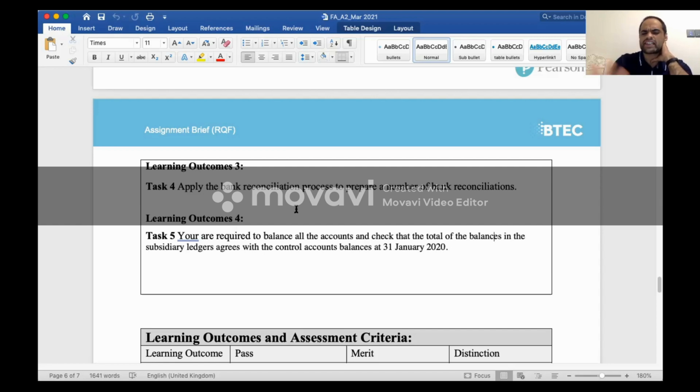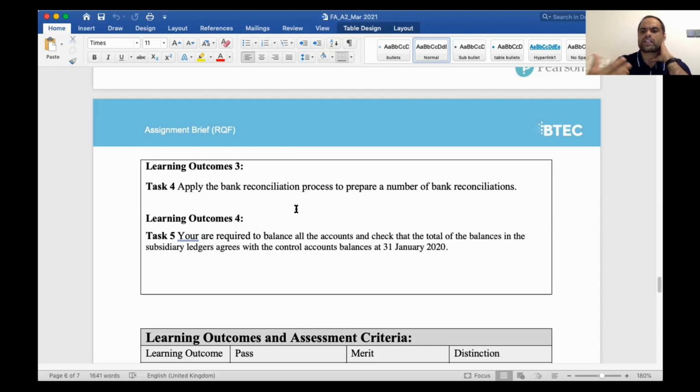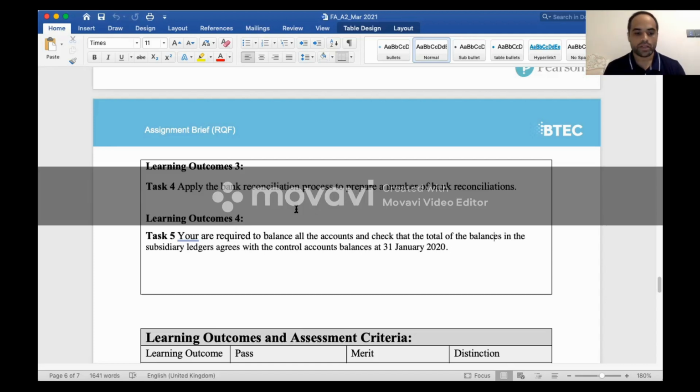Later on, we will discuss the meaning of suspense accounts and control accounts, because these two things you never studied before. So learning outcomes 3 and 4 are completely new topics for you. But of course, you have to remember some journal entries and accounting treatments that you studied in your final accounts, or in your journals and ledgers.